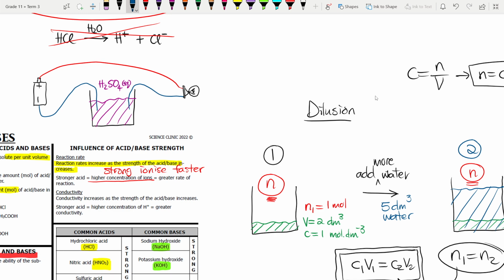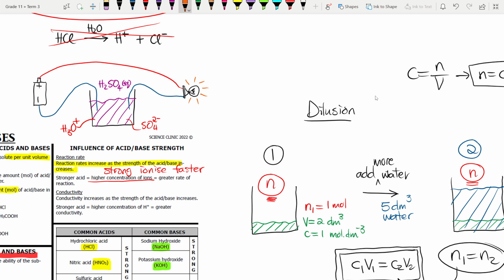Then we say that if this acid is strong, then the ions inside, remember there's going to be only ions in there, H3O plus and SO4 2 minus. The ions are going to carry electrons from this missing wire to the other. So at the end of the day, we're going to have this light bright, because there's ions which have been broken down from the acid or base that will cause the electricity to continue moving even though the wire is disconnected.